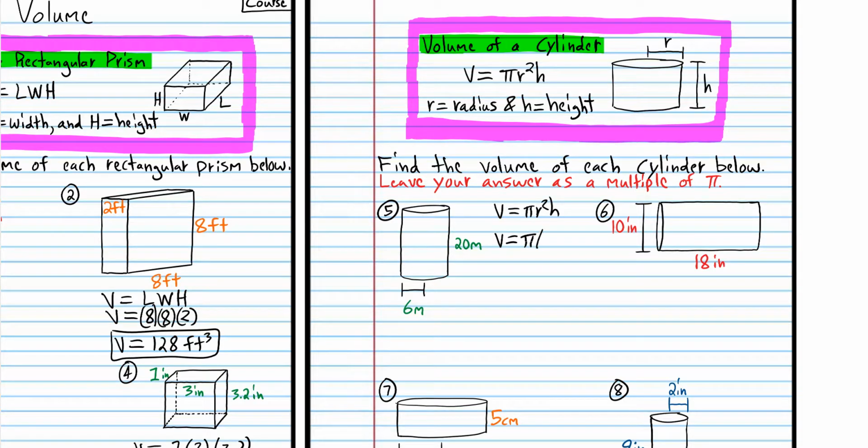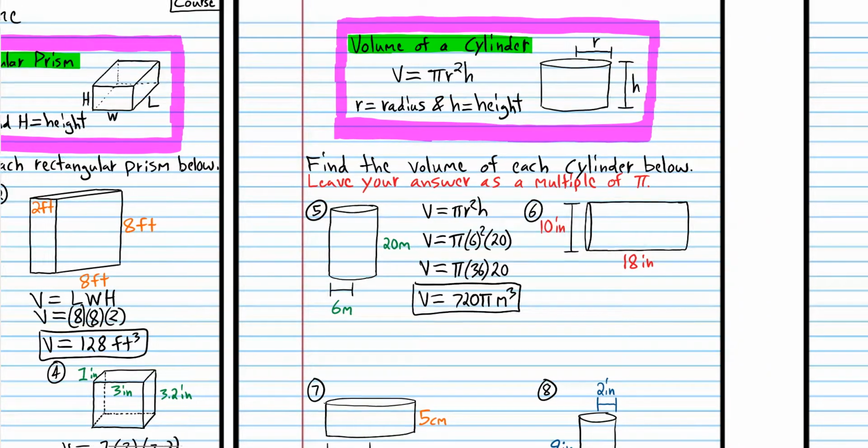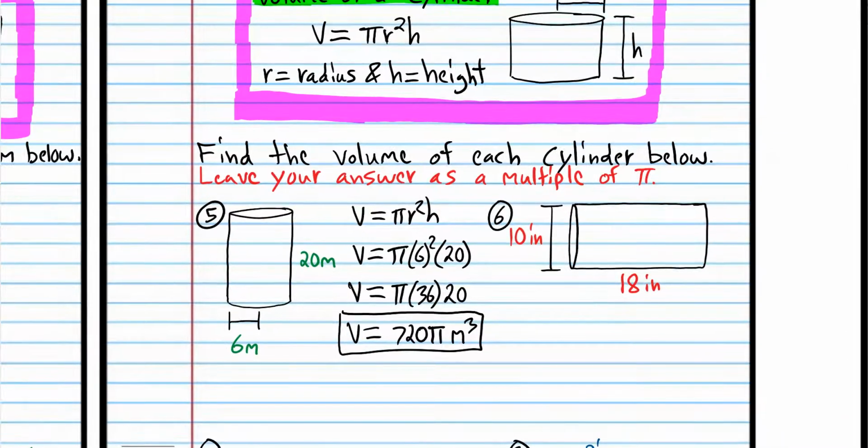R is going to be 6, and the height is 20. So pi times 6 squared is 36, and you can get your calculator out. It's going to be, looks like 720 pi cubic meters, and you can leave your answer in terms of pi. I said here, leave your answer as a multiple of pi.